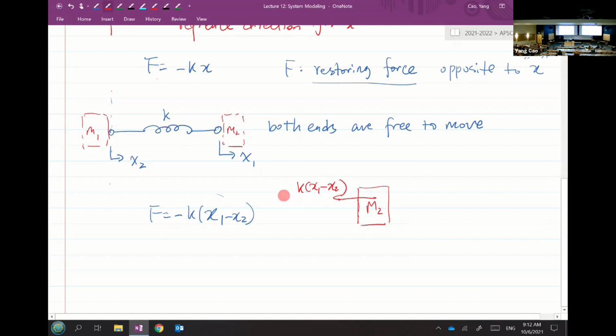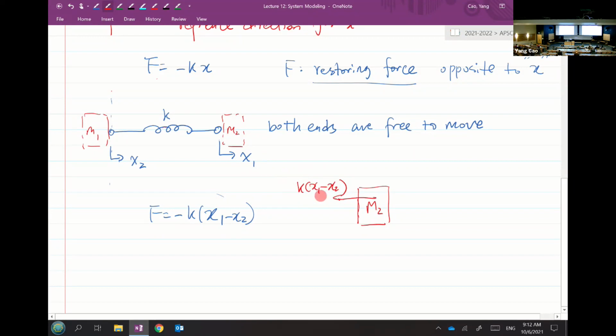I think a lot of people say I should get rid of the negative sign. Why? Exactly, because I have already drawn the arrow pointing to the negative side of this reference x. So I don't need the negative anymore when I draw the arrow here, because you know this is pointing this way.